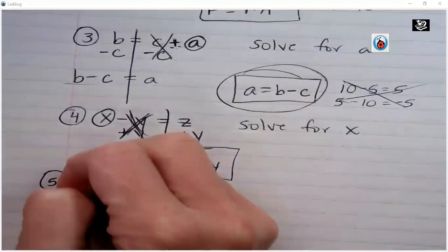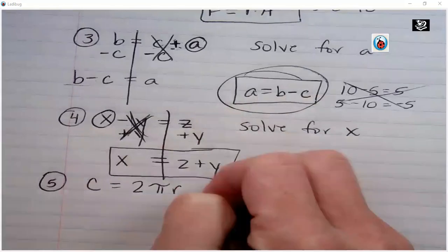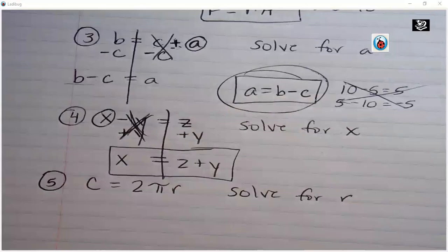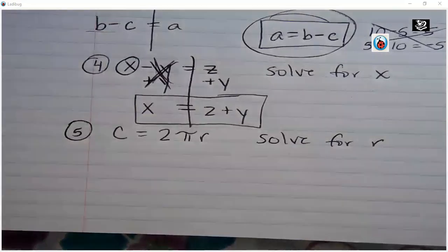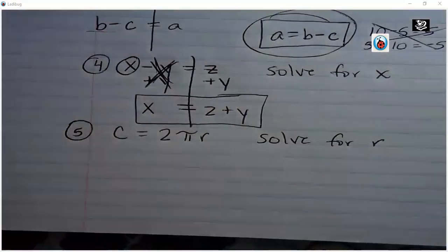All right, number 5. C equals 2 pi r. Solve for r. Does anybody know what formula that is? C equals 2 pi r? Pi is 3.14.